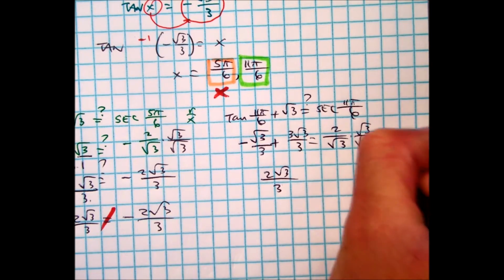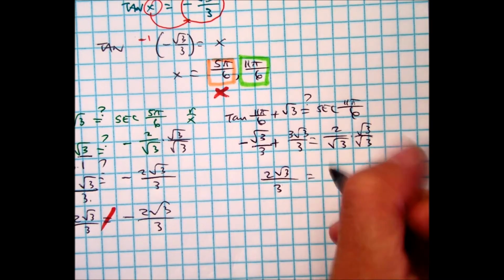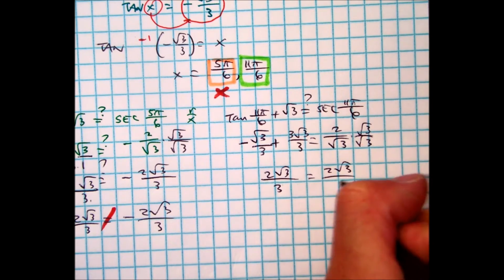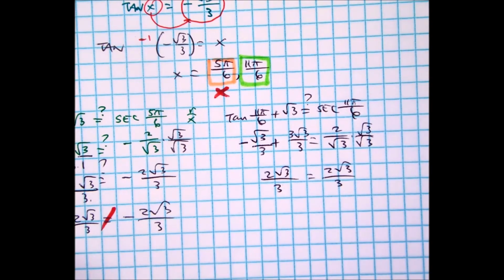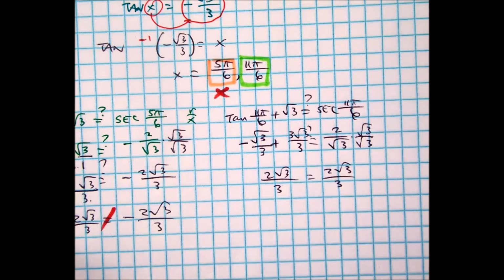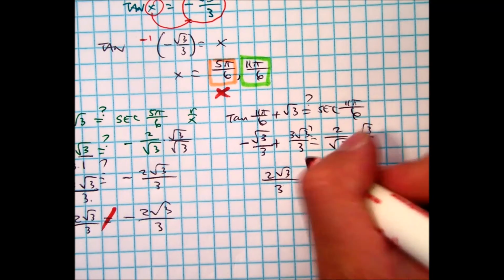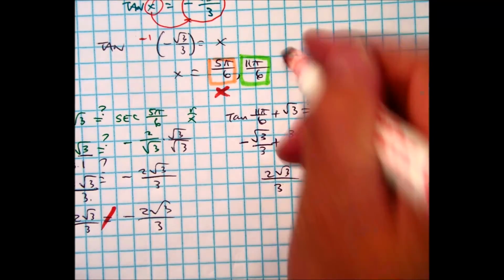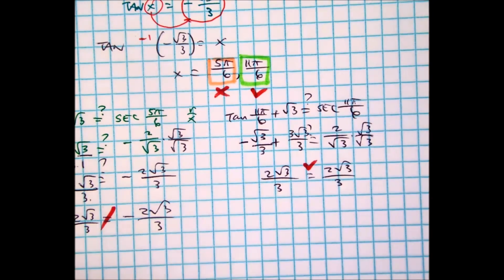Rationalize it, I get 2 radical 3 over 3. Class, are those equal? Yeah. So this is equal, so it means our final answer is 11 pi over 6.